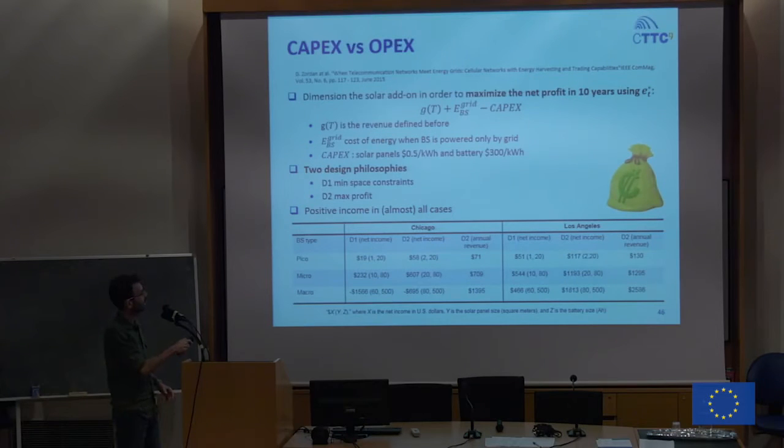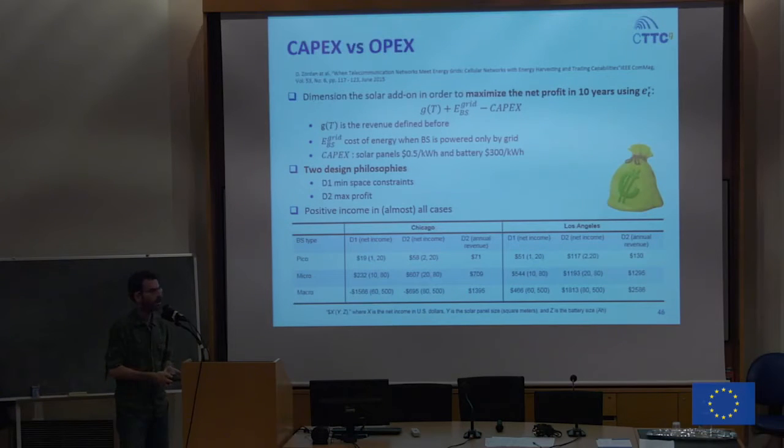So we have two design philosophies here. The first one is to reduce the size of the battery and the panel, and the other one is to maximize the profit. Depending on the location, we have different monetary income after 10 years, and they are always positive.